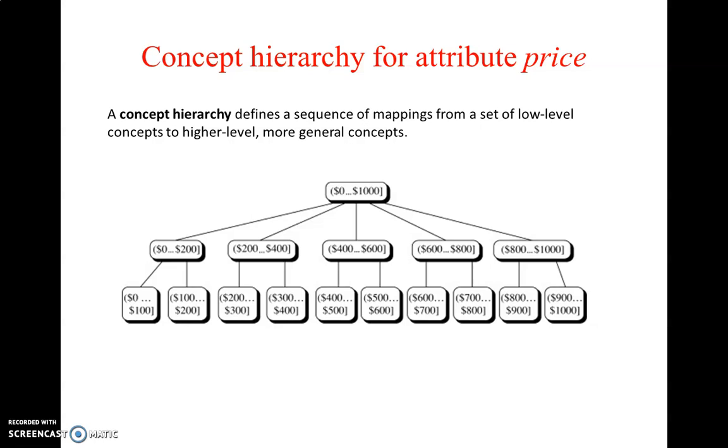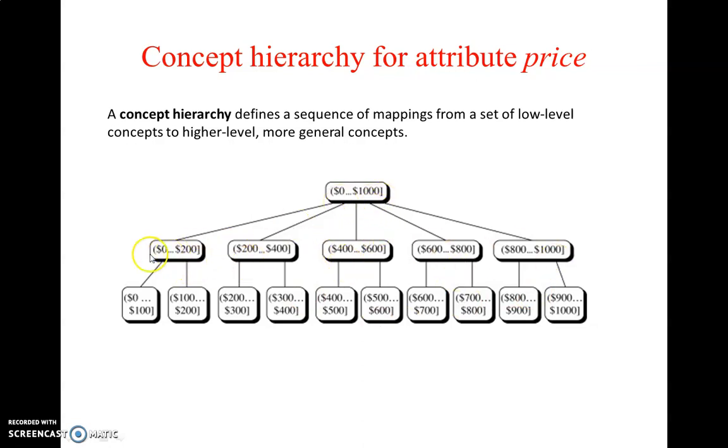The second example is a concept hierarchy for the attribute price. You can see this diagram. We have as a root node $0 to $1000, which is being reduced to higher-level concepts according to ranges.